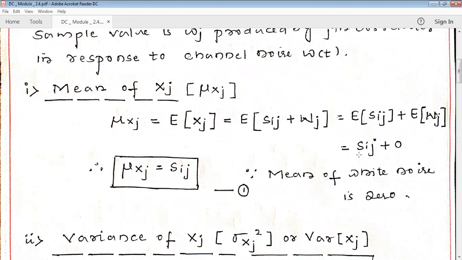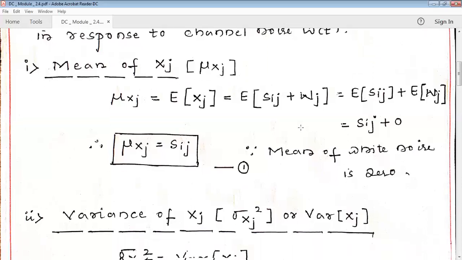And we know that the additive white Gaussian noise is characterized by zero mean, and its power spectral density is given by N0 by 2. So the expectation of this is given by the expectation of sij plus the expectation of wj. And this sij is a constant value, and the mean or expectation of a constant value is always the constant.